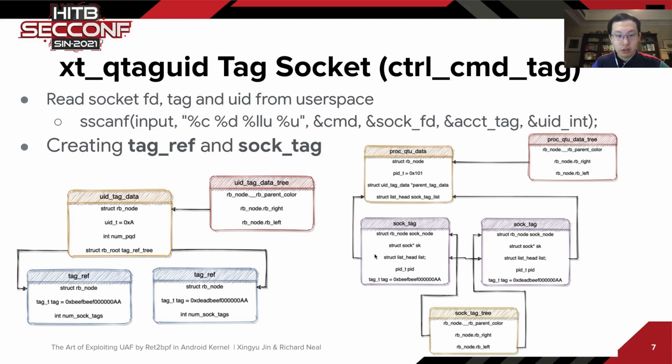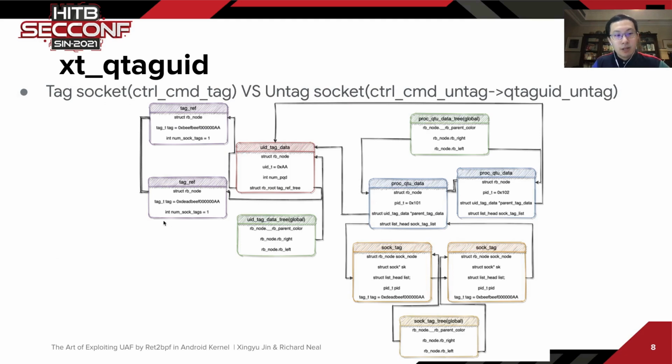So here is the basic overview of all the related kernel data structures when a socket is tagged. As we mentioned in the last slide, the module will create tag_ref and sock_tag structures here and here.